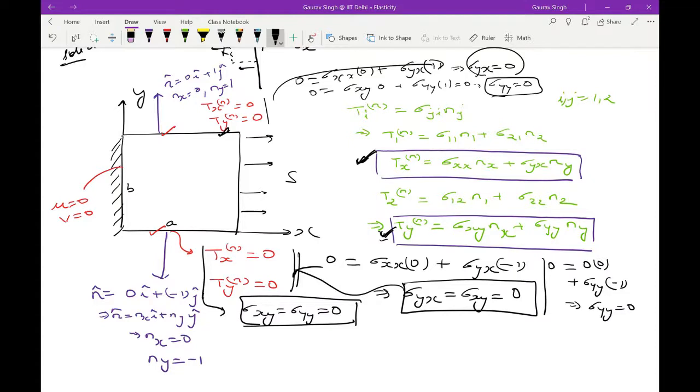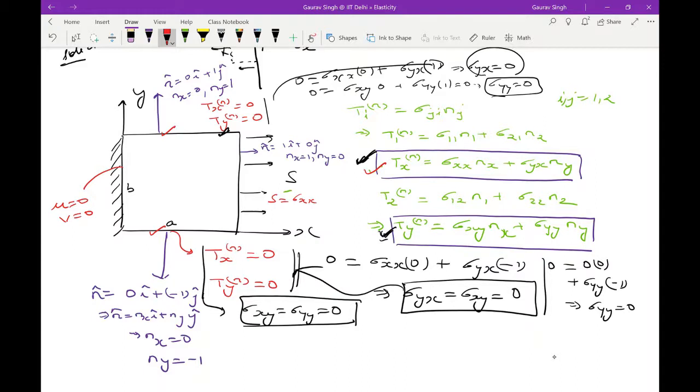Now look at the last face, which is this over here. Over here we will have traction in the x direction. First of all, let's draw the normal. So that would be 1 i cap plus 0 j cap, or nx will be equal to 1 and ny will be equal to 0. If we substitute this over here, the traction in the x direction is given to be S. That's equal to sigma xx times 1 plus sigma yx times ny, which is 0.